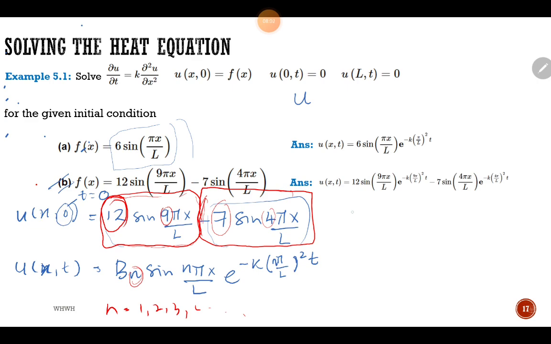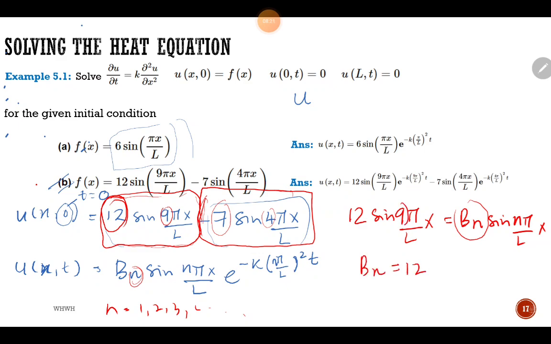Okay, you may compare. So here we have 12 sin 9 pi over L x equals bn sin n pi over L x. So from here we see our bn for the first term is equal to 12 and our n, by comparing like this, is equal to 9.